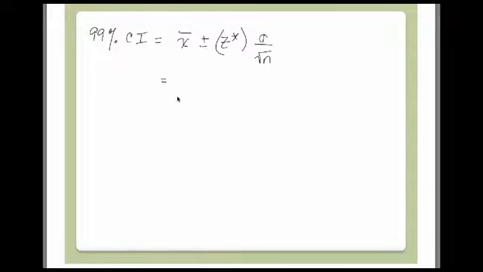X bar was 11.78 plus or minus. This is where we need the Z star that goes with a 99% interval. That's going to be 2.576. So 3.2 over, where 15 was the last one.